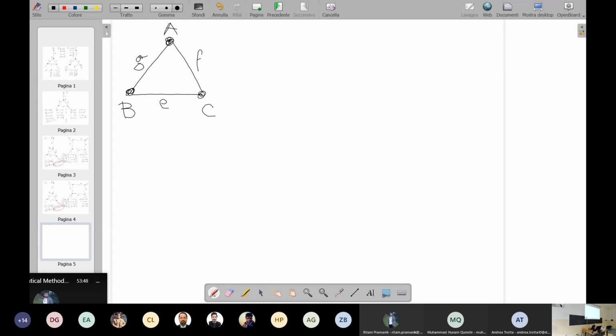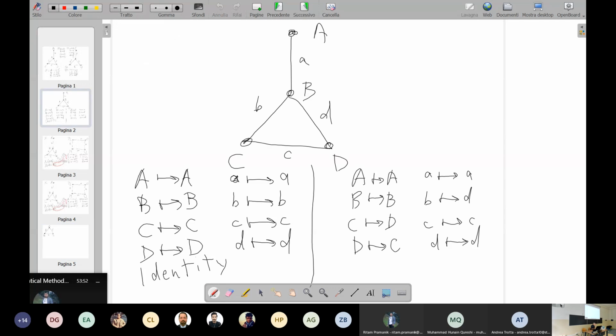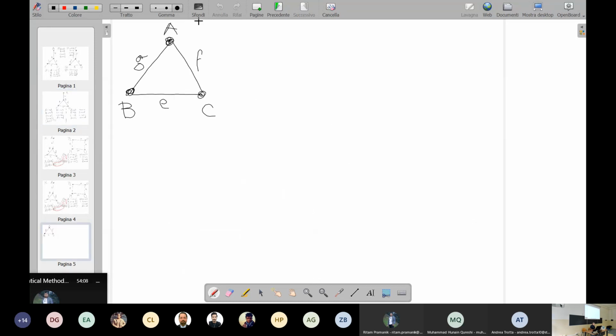The way we had here, okay? Here we had two. One is compulsory, the identity, and here we had another one, okay? Now, how many can we have here? What's your guess?